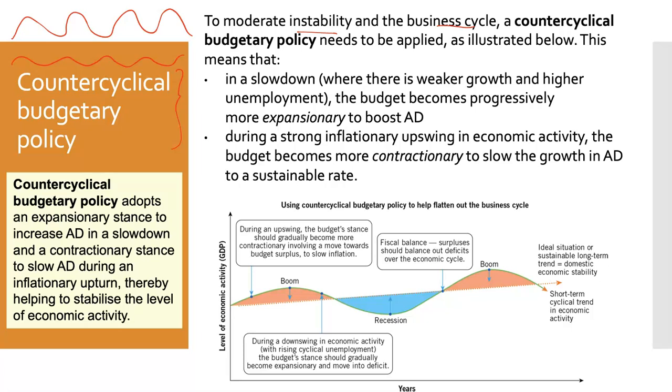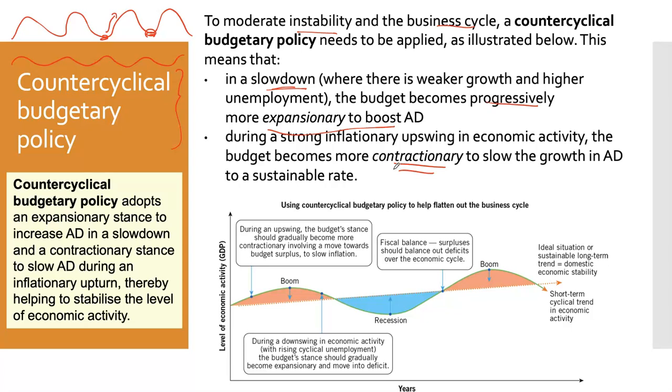And how do we do this? In a slowdown, in those troughs, in those bottoming outs, a budget will often become progressively more expansionary to boost aggregate demand, to boost the GDP, to hopefully start to see it go up a little bit. And during strong inflationary upswings, so during peaks, the budget should become contractionary.